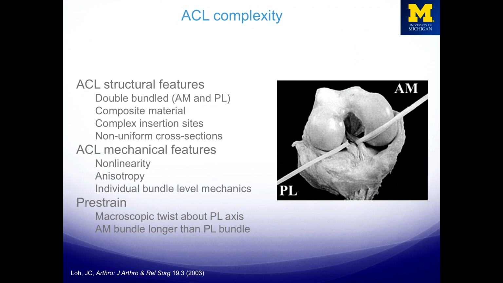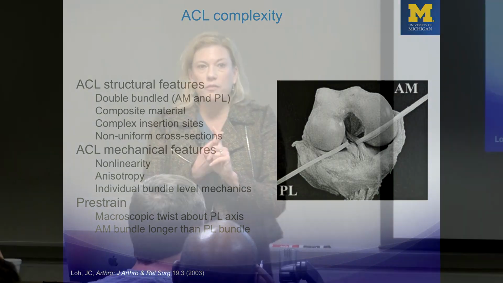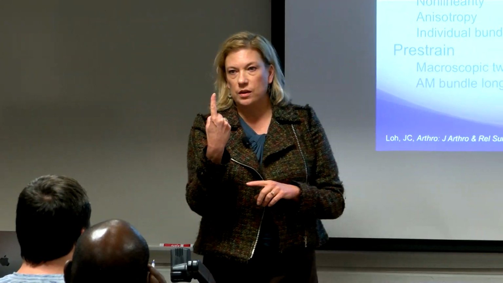And there's no physiologically relevant configuration in which the anterior cruciate ligament is completely unloaded. So some part of it is always carrying some amount of pre-strain at any natural knee flexion angle, right? So the PL bundle is twisted about its own axis, and the AM bundle wraps around that, okay?